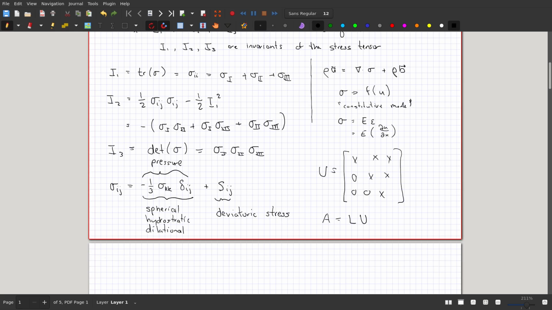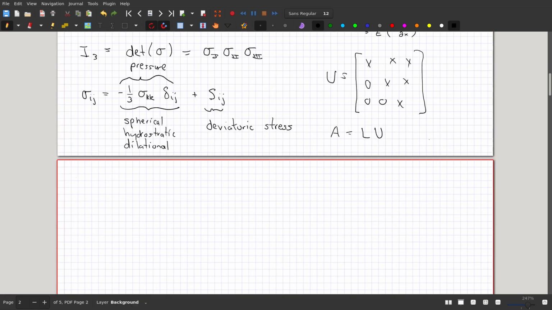And the reason that we often do this type of decomposition is because in plasticity, particularly in metals plasticity, we assume that metals undergo what is called isochoric deformation, which means that the volume doesn't change. So the first term represents volume change, the second term represents shape change.